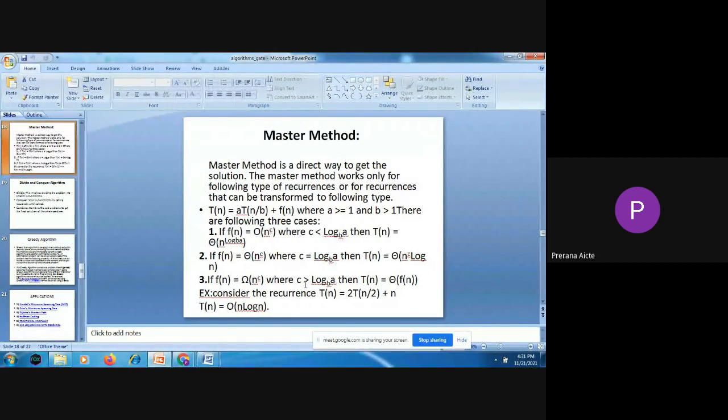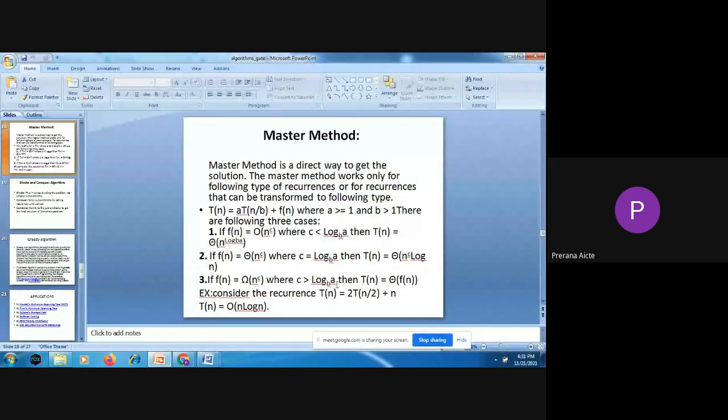For the third case, if f of n is of the form n power c, then based on the c value, we check whether c is less than log a base b, c equal to it, or c greater than it.